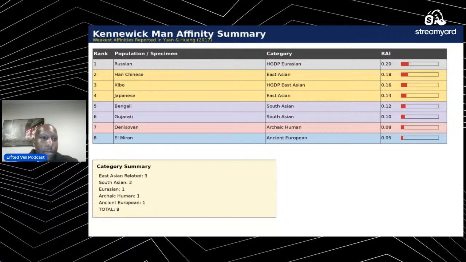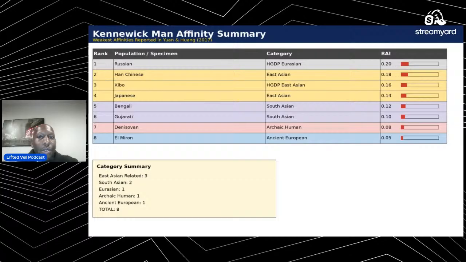Weakest affinities. Russians. This is interesting because obviously these are modern Russians, because the specimen that Kennewick Man showed the most affinity to is from Russia.